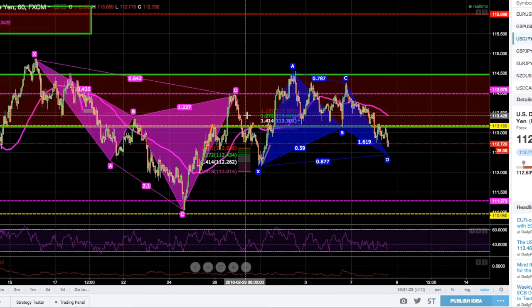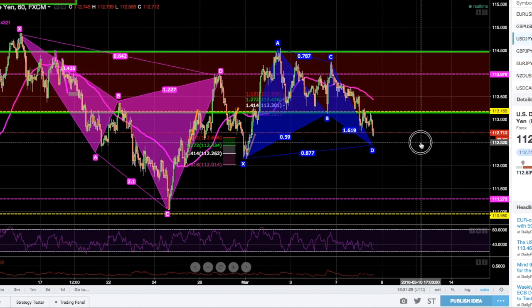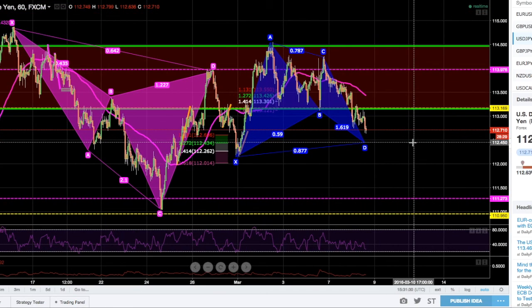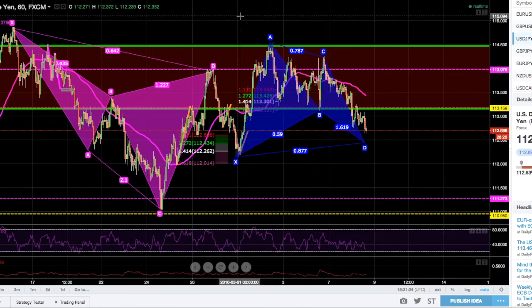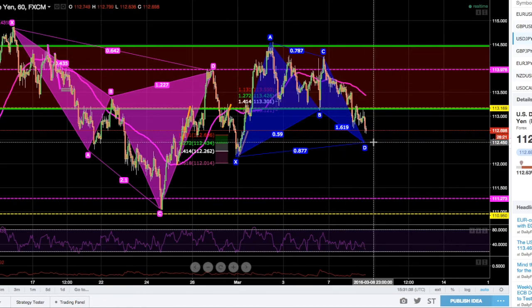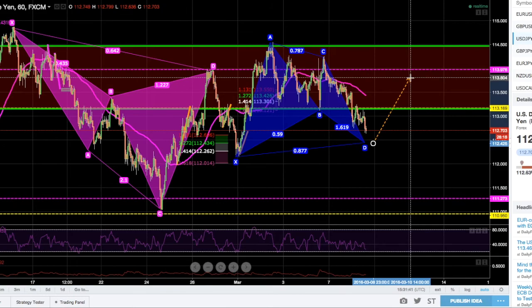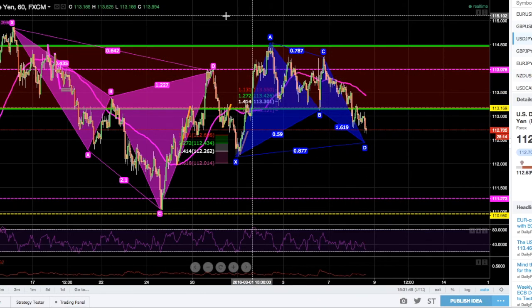I'm not going to spend time removing things. But dollar yen, we have a bat pattern here. So we are expecting the market to drop a little bit down here, and then we're going to go long.